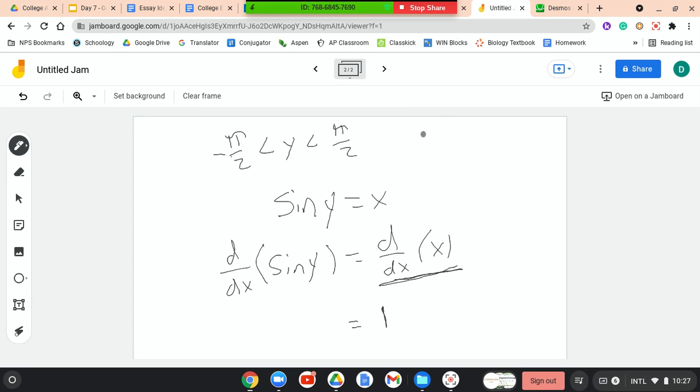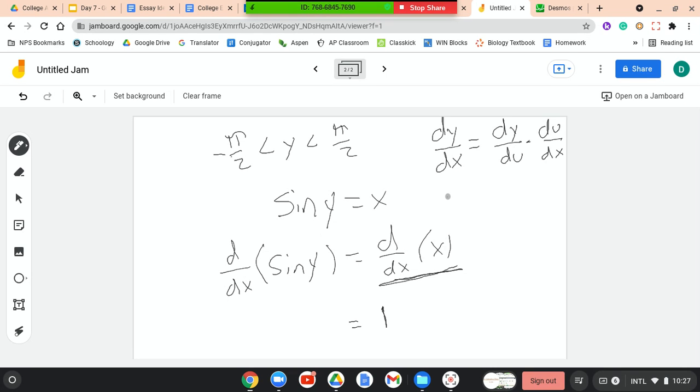Remember, the chain rule tells us that if we want to find the derivative of y with respect to x, we take the derivative of y with respect to some other variable times that variable with respect to x. So we're trying to find the derivative of sine of y with respect to x.